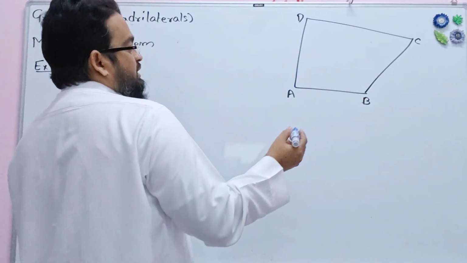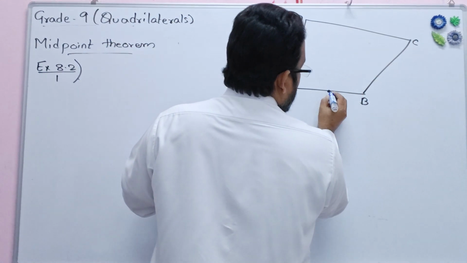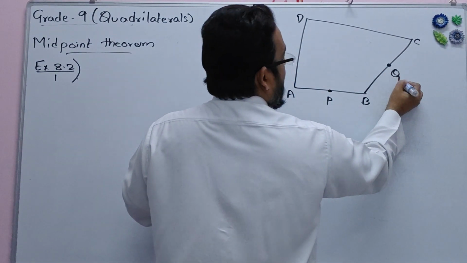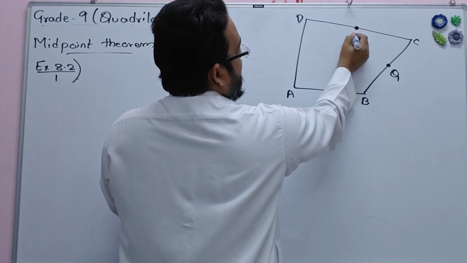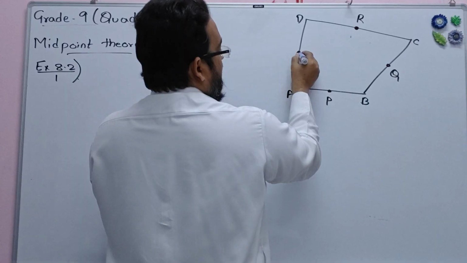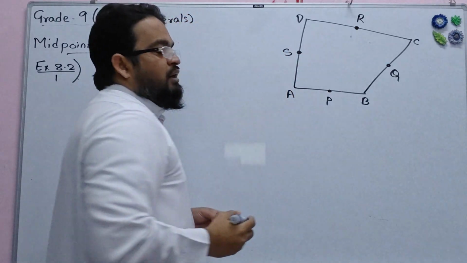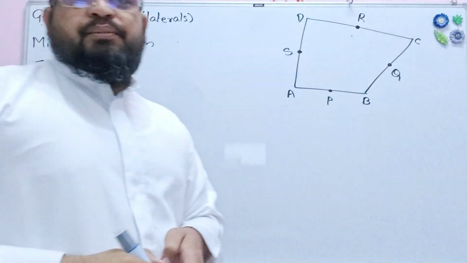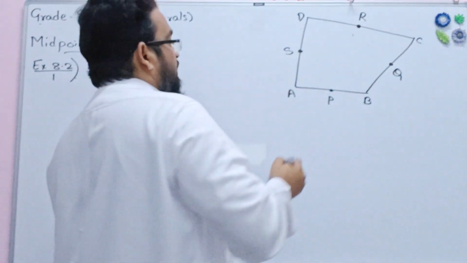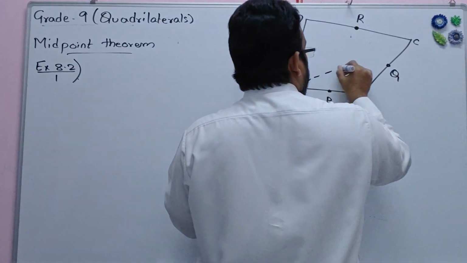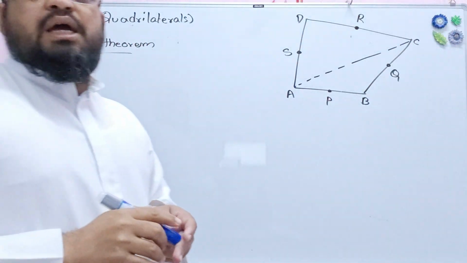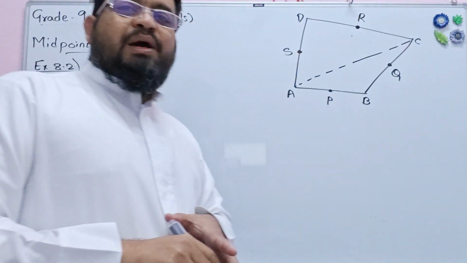That means P is the midpoint of AB, Q is the midpoint of BC, R is the midpoint of CD, and S is the midpoint of AD. AC is a diagonal. Okay, fine.